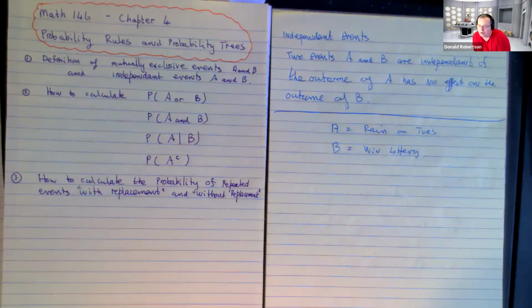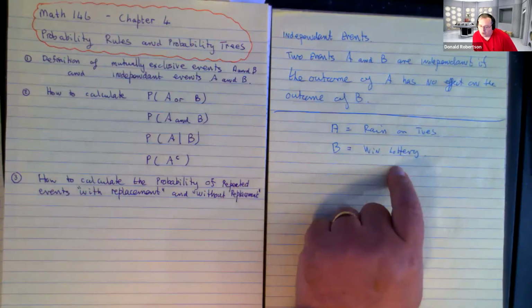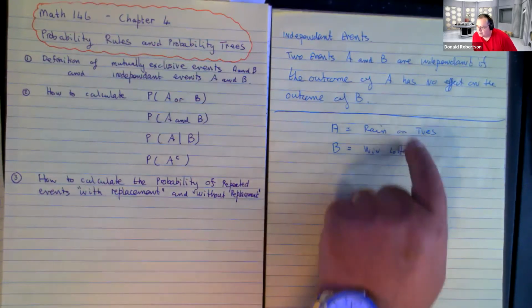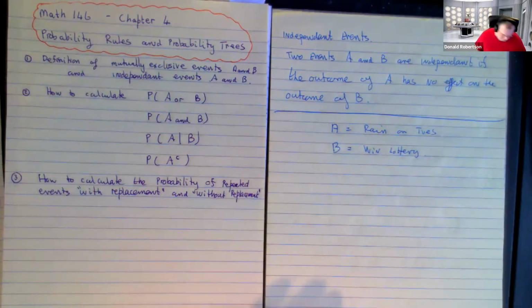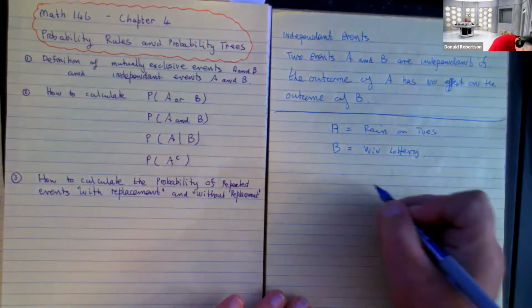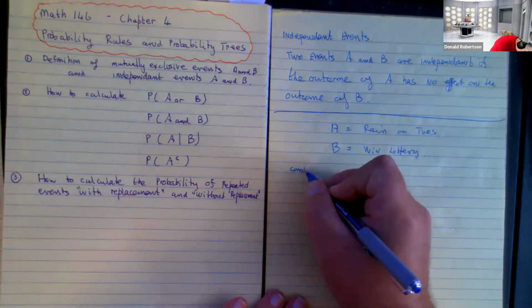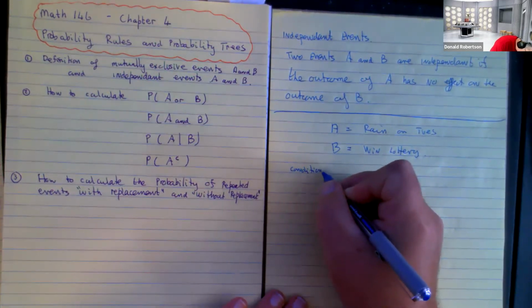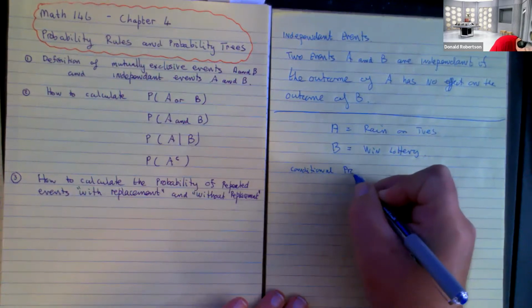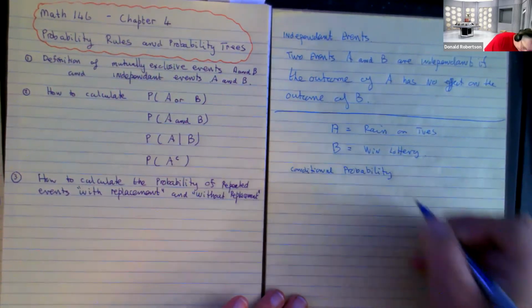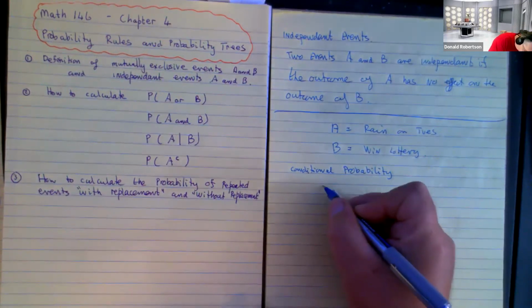Those are examples of two events which are not only independent, you'd agree they don't even have any connection, right? But you can also get events that use what's called a conditional probability. And this is how you write a conditional probability.